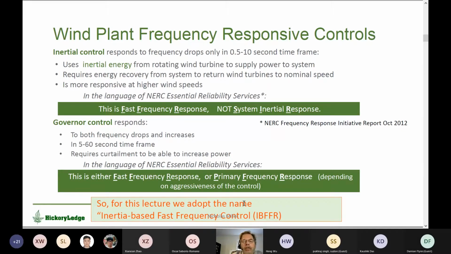And in recent years, frequency response, for all the reasons that I put in the earlier slide, has been a concern. The quality of frequency response was observed to be declining a decade ago in North America, and they launched some sort of soul searching. You see this asterisk here. There's a frequency response initiative report dated October 2012.